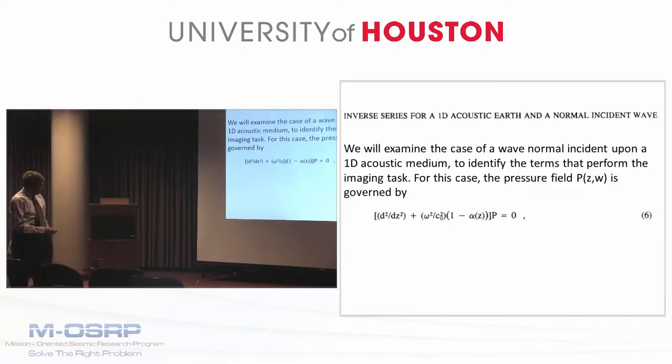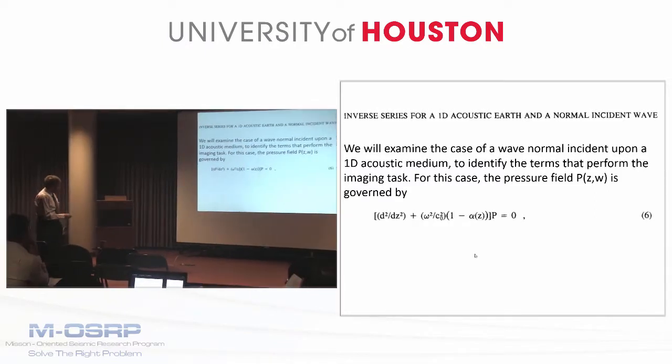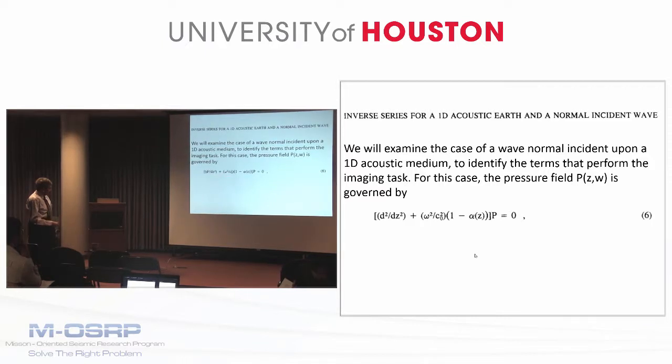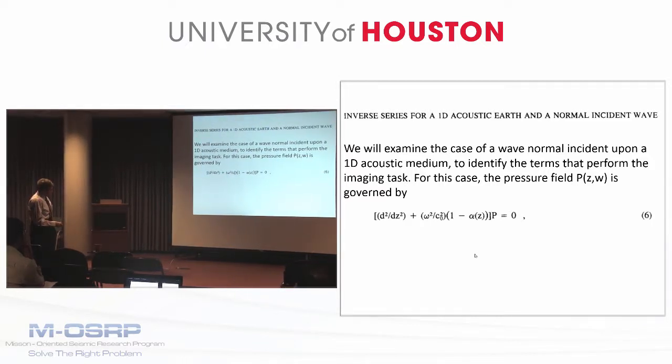So consider this one-dimensional normal incidence equation just to get started. So here's this single frequency 1D normal incidence acoustic wave equation with that familiar 1 minus alpha function, where alpha characterizes the difference between the actual velocity as a function of depth and the reference velocity.